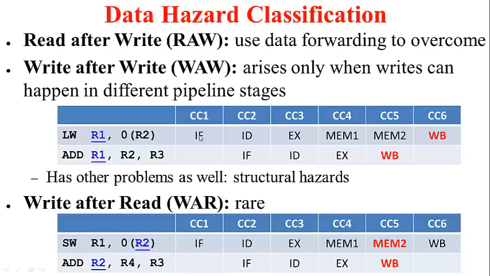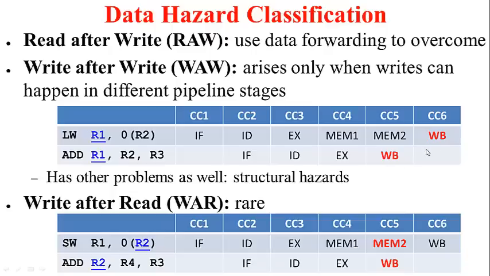In this example, I have assumed that there is a pipeline which has potentially 6 stages for the load word instruction, with the write back happening in the 6th clock cycle, and the register instruction add having only 4 cycles. So potentially this add instruction, which follows the load word instruction in the program, completes sooner.